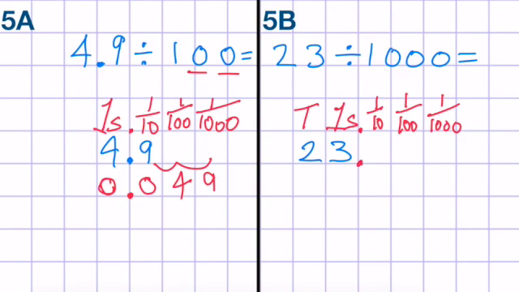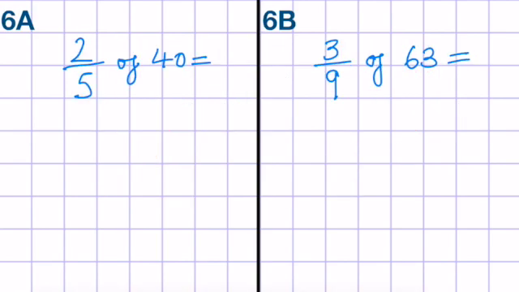We're going to move 3 places right because there are 3 zeros. So the 3 is going to go 1, 2, 3. The 2 will follow. We're going to need a 0 here, a decimal place here, and a 0 here. So the answer is 0.023.